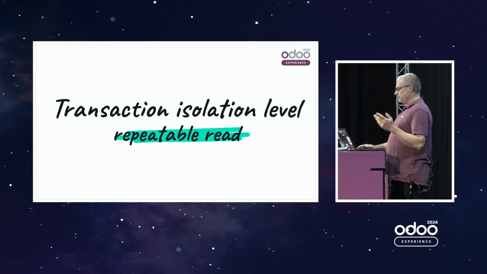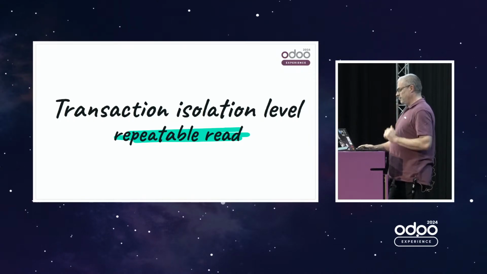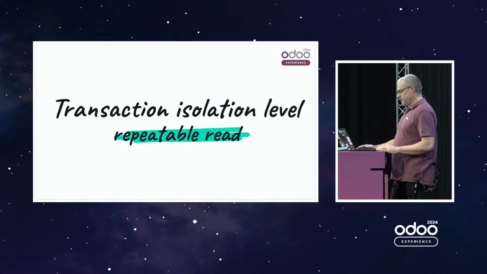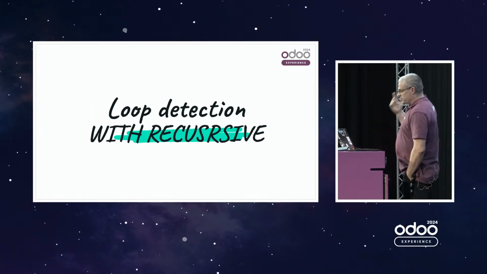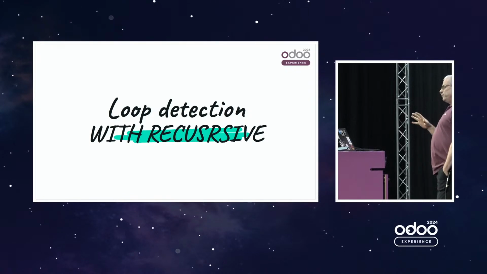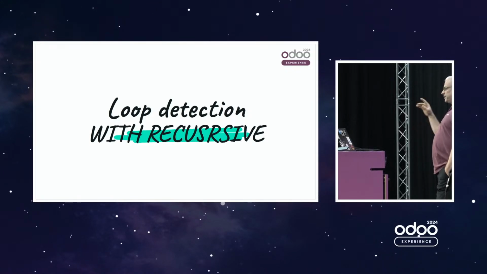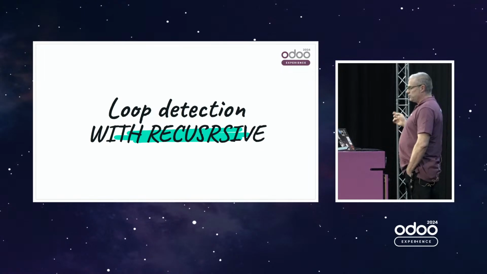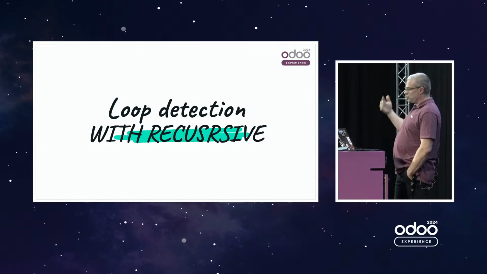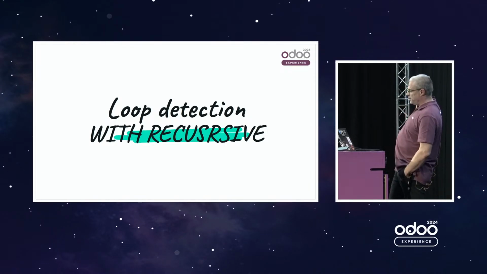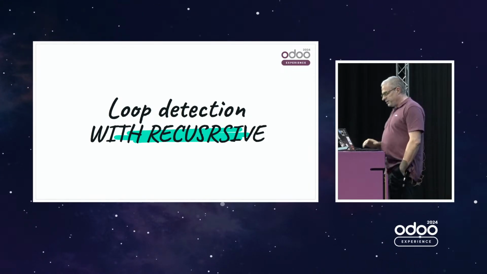This is the key to the choice of a database. We also use some kind of loop detection in Odoo, and we use recursive queries. So if you choose another database than PostgreSQL, it should be able to handle those kinds of queries.